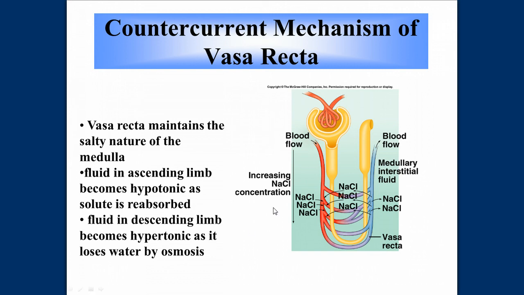So the fluid in the descending limb is going to be hypertonic because it's losing water, so it's going to have more solute. Over here, you're maintaining the water but losing the solute, so with less solute and more water, it's going to be hypotonic. Hypertonic and hypotonic situations will draw or give up the water.